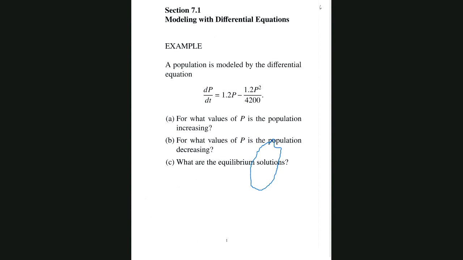So dp/dt in this case is equal to 1.2 times p minus 1.2 times p squared over 4,200. So they're saying that the rate of growth of the population with respect to time is equal to 1.2 times the population at time t minus 1.2 times the population at time t squared over 4,200.